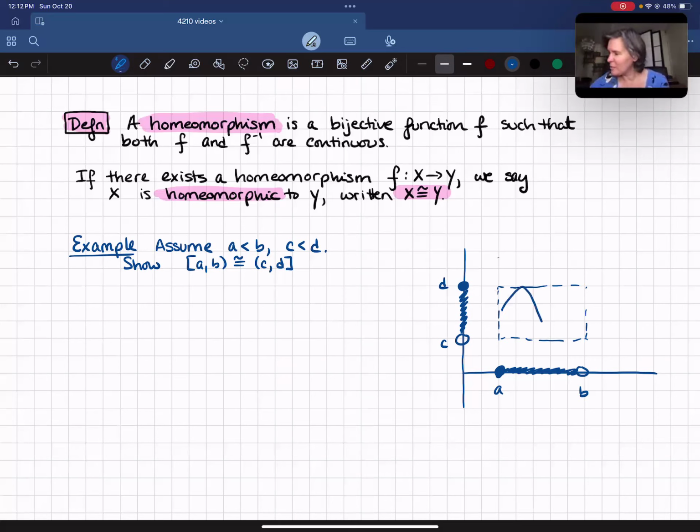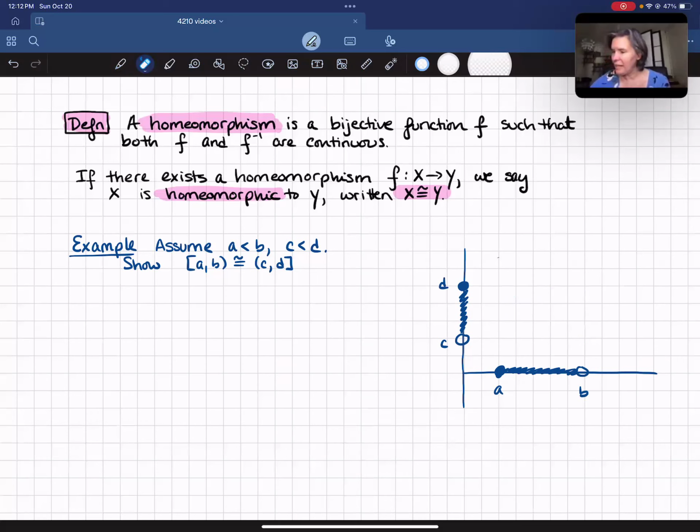Like I don't want to do something like this, although that would be a function that goes from ab to cd. It's not the kind of function I want because this function, for example, is not one-to-one. It's not one-to-one because it fails the horizontal line test, for example, right there. So I don't want a function like that. I want to keep it simple. Okay, so let me erase this square.